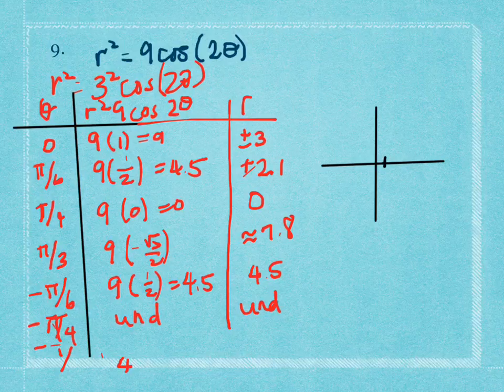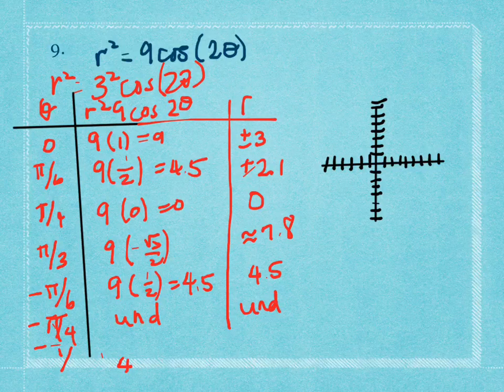You go out to 8. Alright, so we have one point to plot at 0 on the angle and 3, so that's going to be right here. We've got 1 to plot at pi over 6 and 2.1, so we're looking about right there.